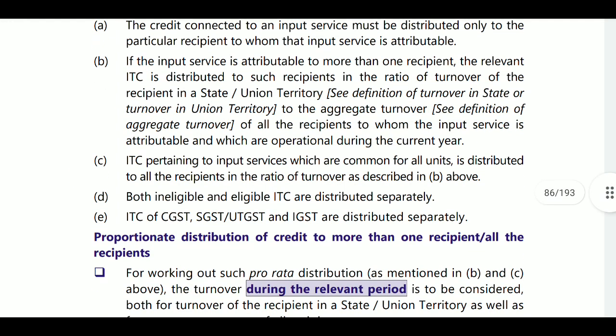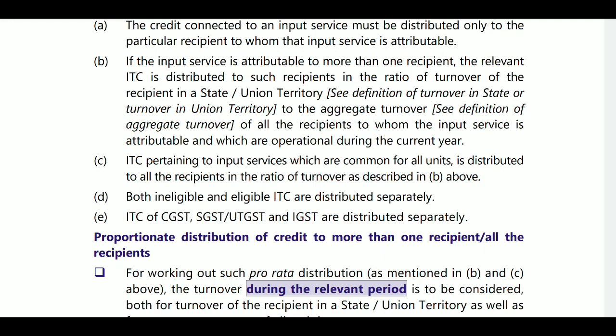Next, ITC is distributed among operational units only in the ratio of aggregate turnovers in a state or UT of the recipient during the relevant period, to the aggregate turnover of all recipients during the relevant period to whom the input service is attributable.